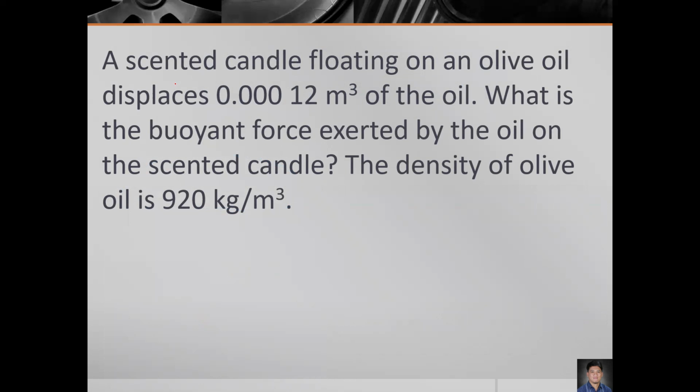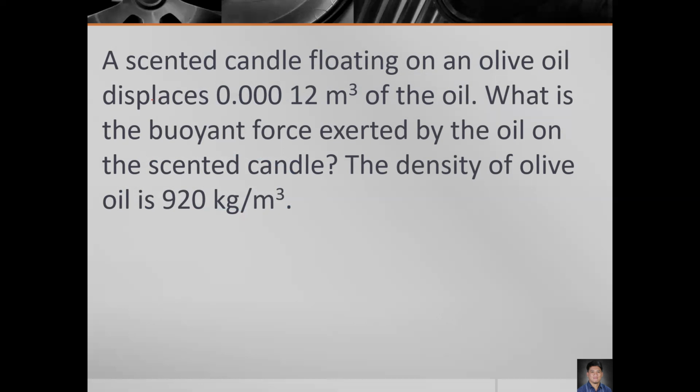So we have here a candle, we placed it in olive oil, and then the olive oil rose, its volume increased by 0.0012 cubic meter. Since the volume of the oil increased by 0.0012 cubic meter, we can say that the scented candle has a volume of 0.0012 cubic meter, since this is how much the volume of our oil rose.